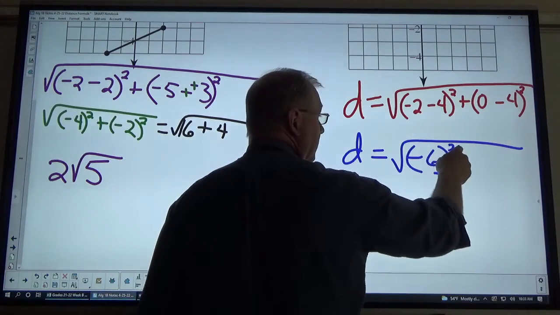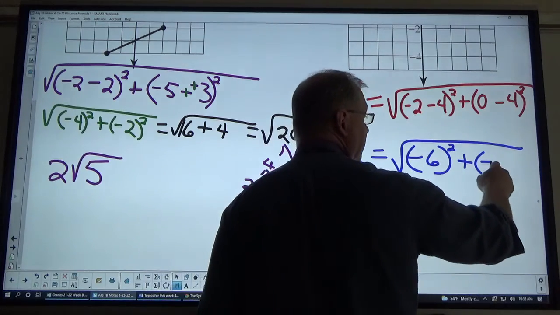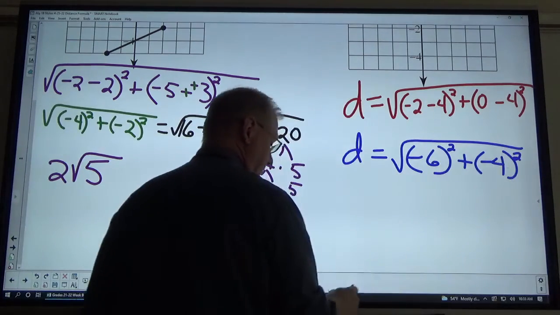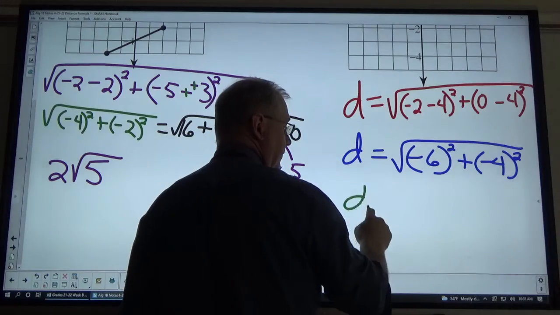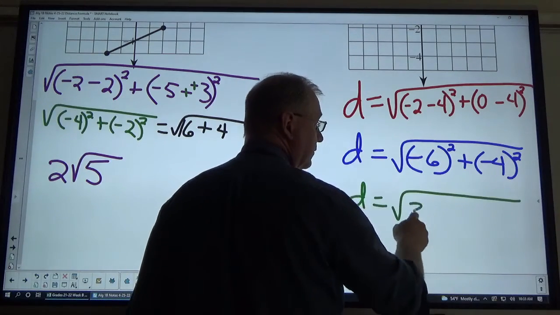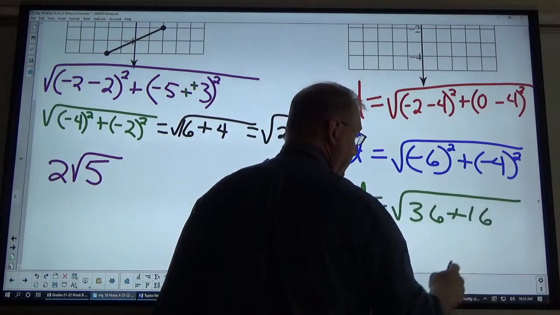Negative 6 squared plus negative 4 squared. 36 plus 16.